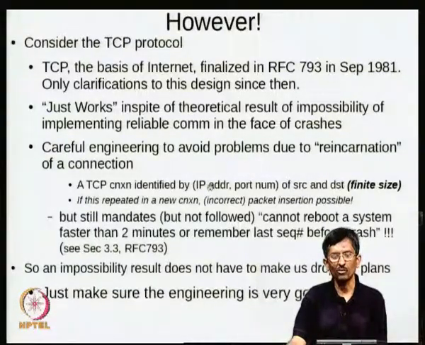Because if I am talking to only 2 machines, the IP address on the source and on the destination are the same anyway, they are not going to change. If I am talking to the same server, the server port number also is the same. The only thing that is going to change is the port number on the source side. Now, if I cycle through port numbers very fast, then I can essentially repeat the same identifier for the connection.